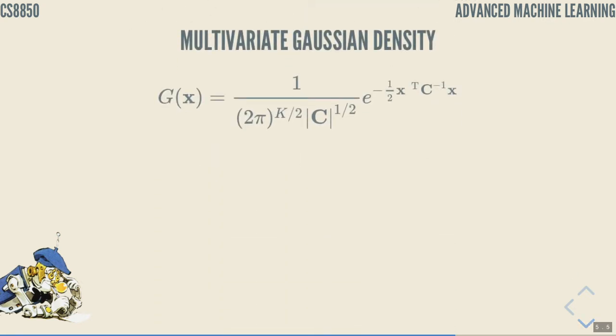Let's look at a multivariate Gaussian density. So here it is. K is the number of dimensions and C is a K by K covariance matrix. Don't get scared yet, we'll get to explaining each term.